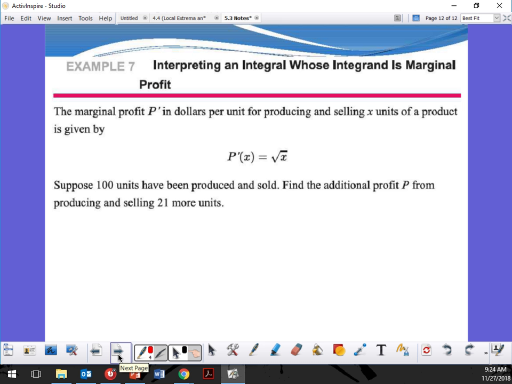Marginal profit in dollars, a unit producing and selling X units of a product, given by that. Okay. Suppose 100 units have been produced and sold. Find the additional profit P from producing and selling 21 more units. Okay. So what do we know?